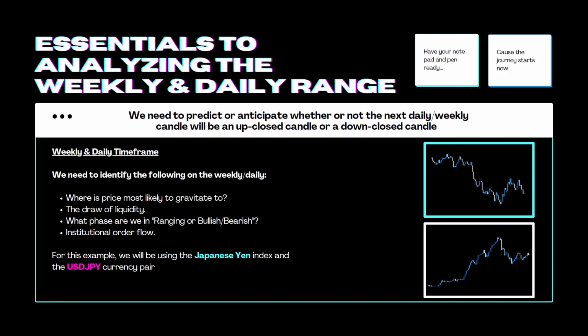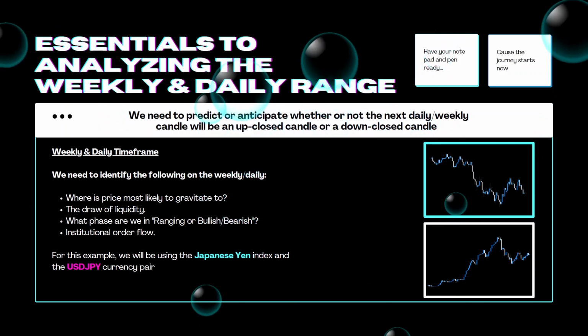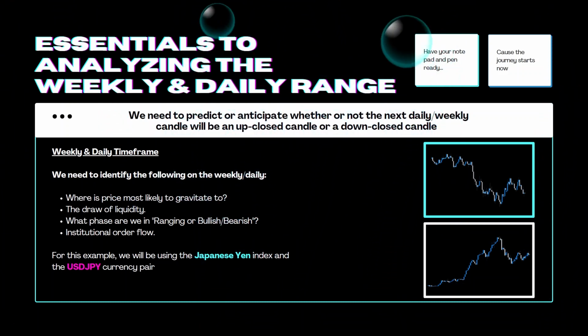We will be building on our previous lesson and going deeper into price and understanding what defines and what creates these moves in the market. I also want you guys to understand one thing: even though we are learning the daily and weekly bias, it does not mean we will be able to predict every single daily or weekly move.